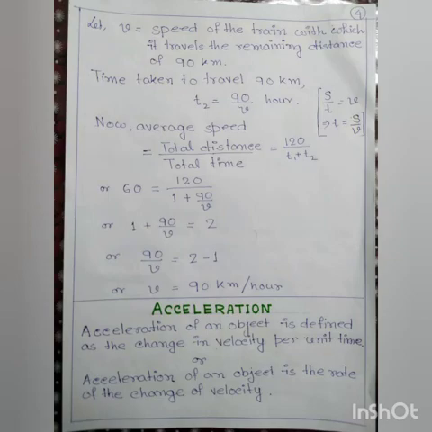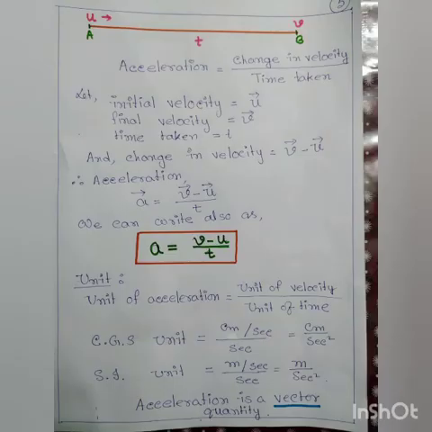Now let us consider any moving object. Initially it is at point A and it is moving with initial velocity u, and finally after time t it is at B and its final velocity is v. So the time taken for this change from u to v is t. What is the change in velocity? Change in velocity is v minus u.